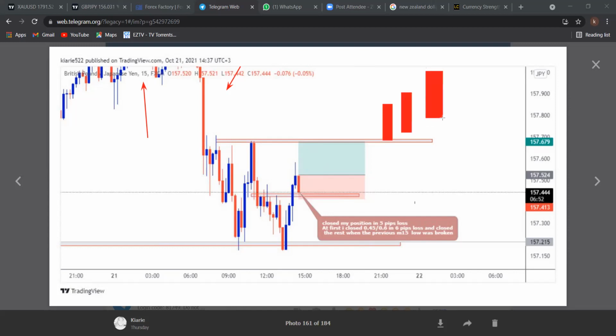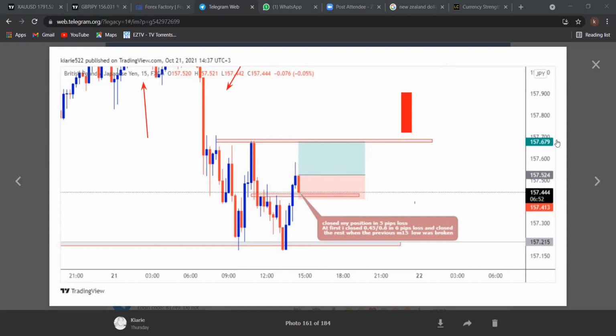So nikasema for price to continue in a bullish trend, hii low istahili breakiwe. So inastahili form higher high, higher low. Kama hii, higher low, higher high, higher low. So hata hii inastahili endelee higher high, higher low. Unanielewa hapo? So venye hiyo low ili breakiwa, nika close kila kitu.